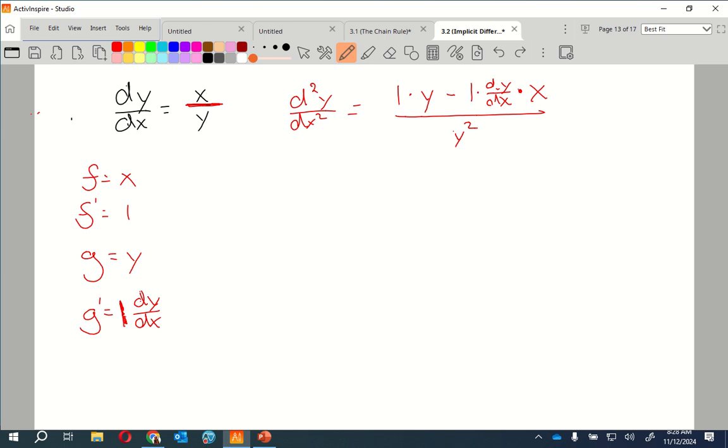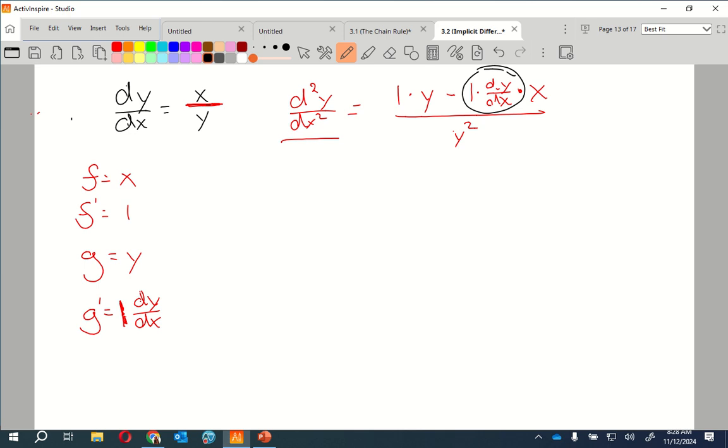Now, given that this right here says I have the second derivative, but over here I got a problem. What is this? What is that? Vincent, what is that I circled? Is that the first derivative?